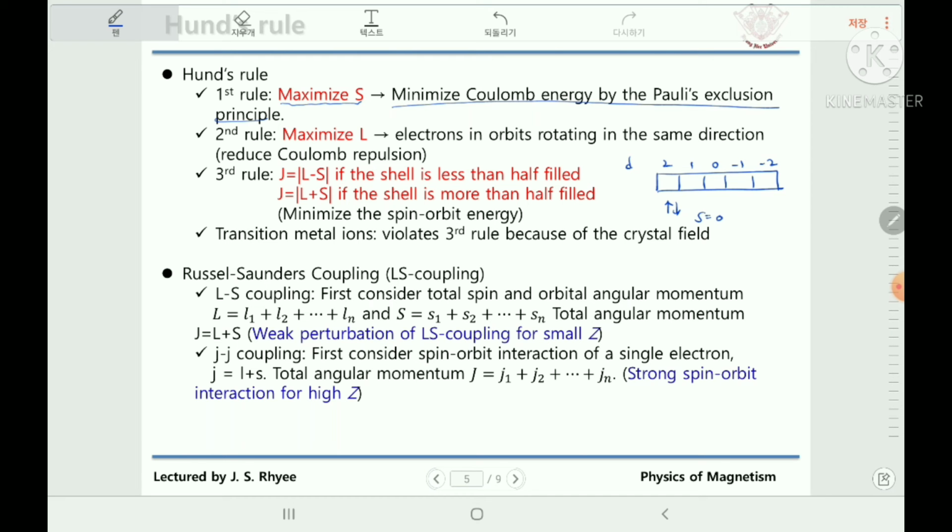To maximize the spin, when one spin is in an orbital, the other electron should have the same spin direction. Because the same spin cannot occupy the same orbital, the other electron should reside in another orbital. It is the Pauli exclusion principle.